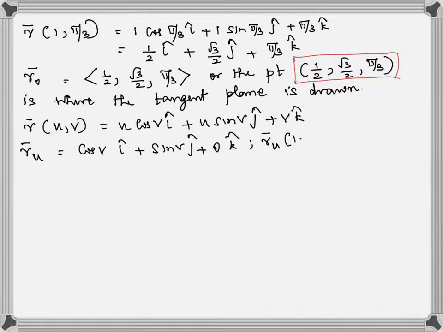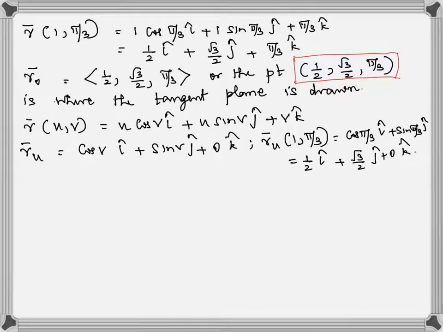So r_u at (1, pi/3) can be obtained by plugging in u = 1 and v = pi/3, which is cos(pi/3) i + sin(pi/3) j, which is 1/2 i + root 3/2 j + 0k. So we got r_u.